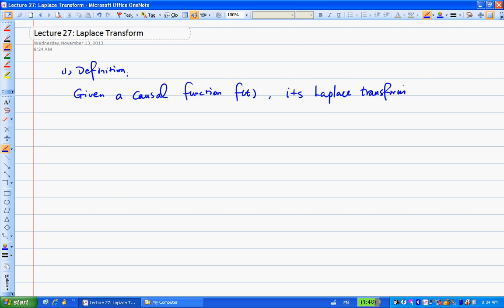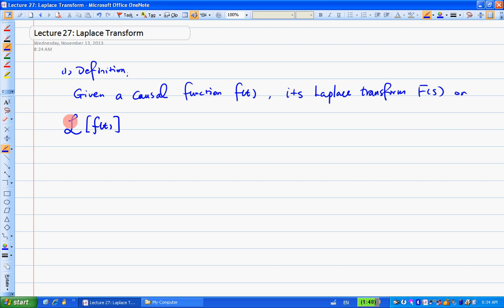We're going to denote this Laplace transform as capital F of s, or a different symbol, which is this, a curved L of f of t. So this is basically an operator, like an operator for a system.